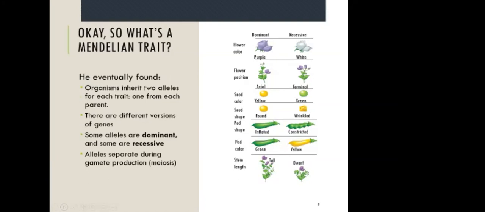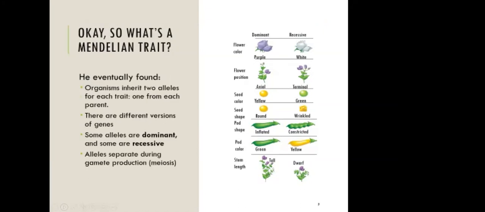Eventually, he found that each organism inherits two alleles, and we talked about what alleles were. They're gene buddies, right? One from each parent. So you get one allele from mom, one allele from dad. Those two gene buddies are going to have maybe the same version or a different version of a particular section of DNA that codes for proteins.